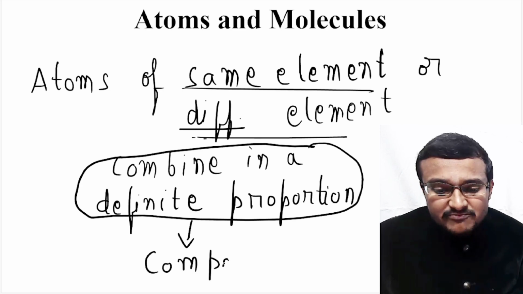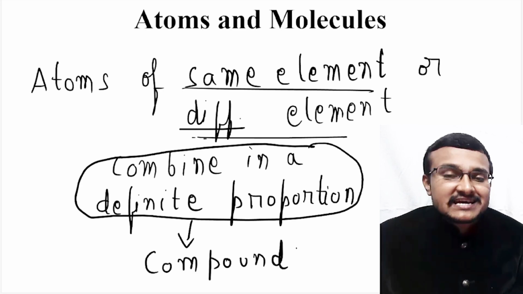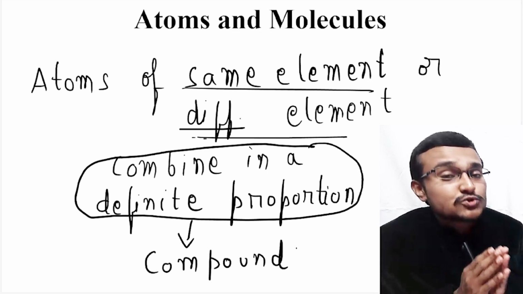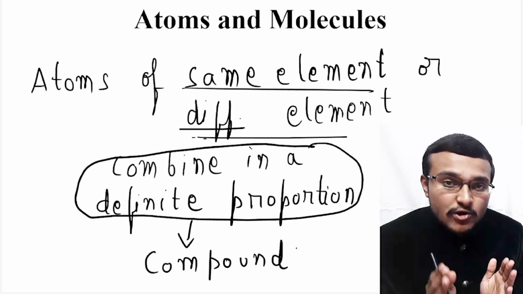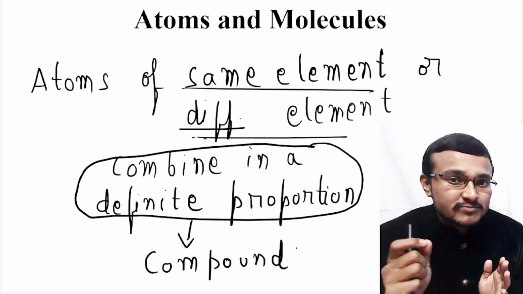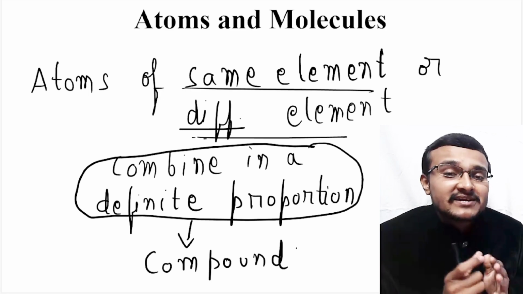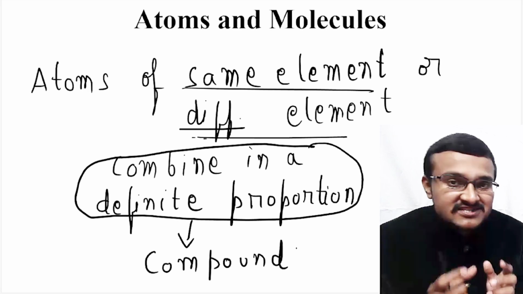So what do you mean by definite proportion? Definite proportion means the same mass ratio of those particular atoms should be maintained throughout that compound, and the number of atoms combining together should also be fixed throughout that compound.